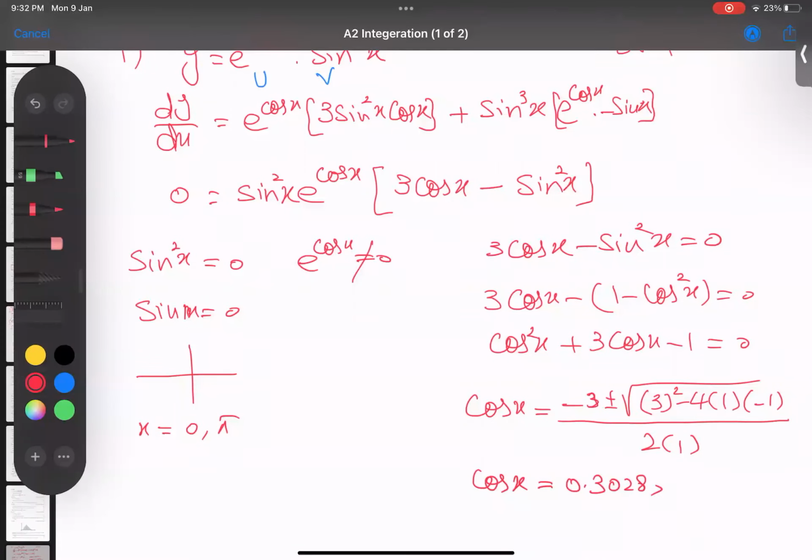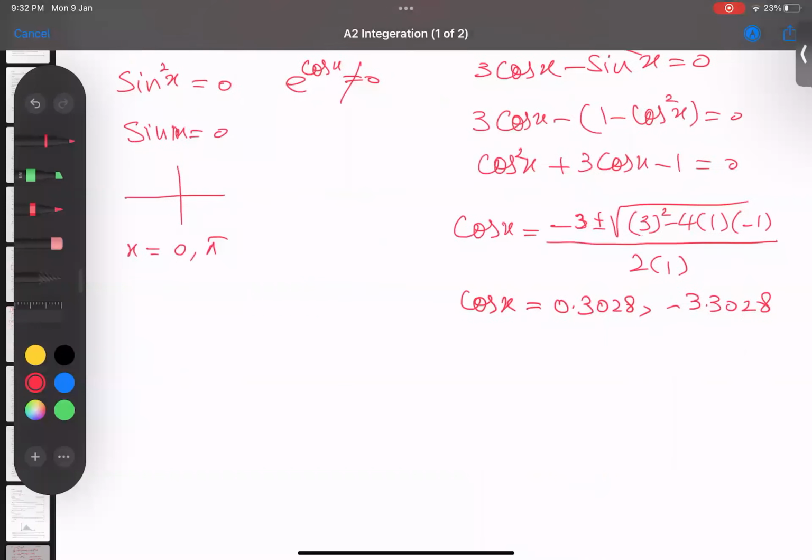And the second answer, if I check with the negative sign, gives us negative 3.3028. But you know it very well, the highest value of cos is plus 1 and the lowest value is minus 1. So this is out of range, because if I take the inverse of cos, it will give a math error. So no possibility.